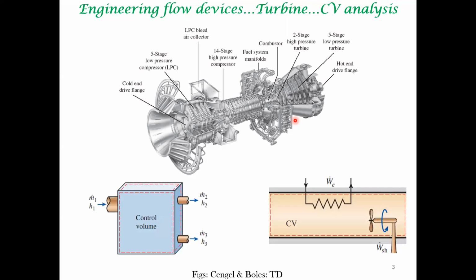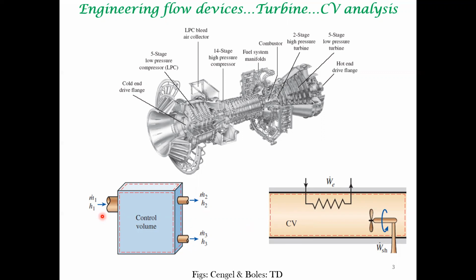For example, most of the analysis we'll be doing will be on a control volume at steady state, and there might be some kind of work, for example, shaft work and electrical work and so on. The main thing which we will be emphasizing is to keep track of the enthalpy that is flowing in and flowing out.